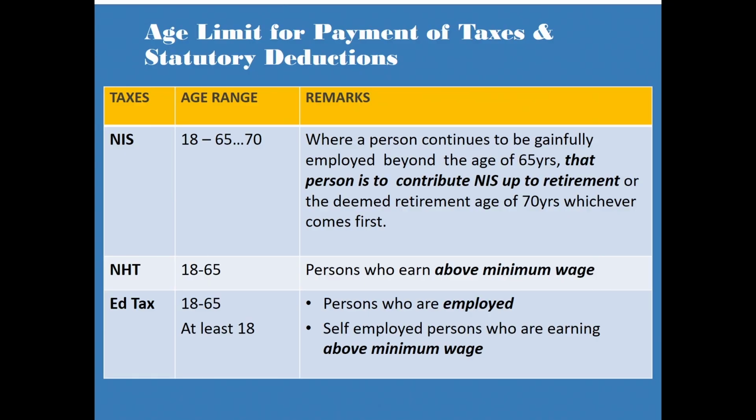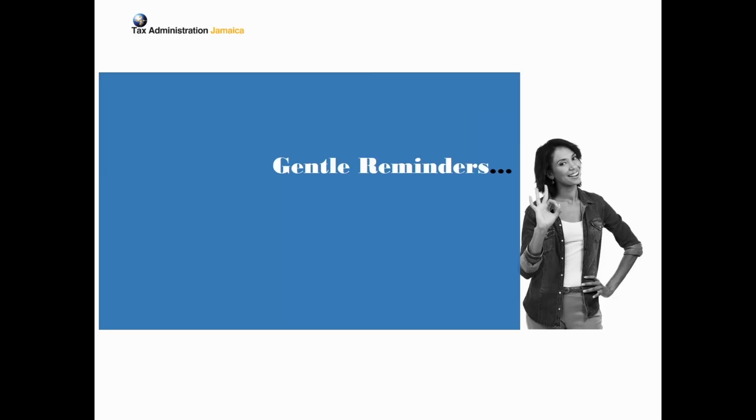All right? This is the law. And at least 18, self-employed persons who are earning above the minimum wage. That's another thing, folks. You must be earning above the minimum wage in order for you to pay education tax and NHT. So, I'm not going to say anything else on that part.